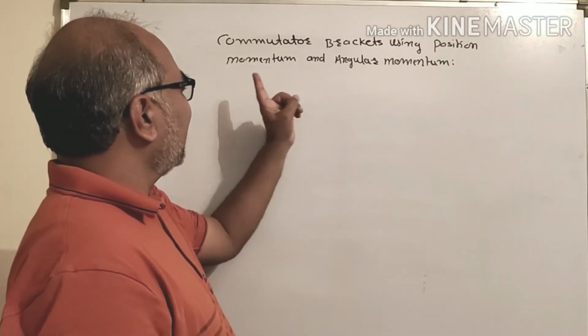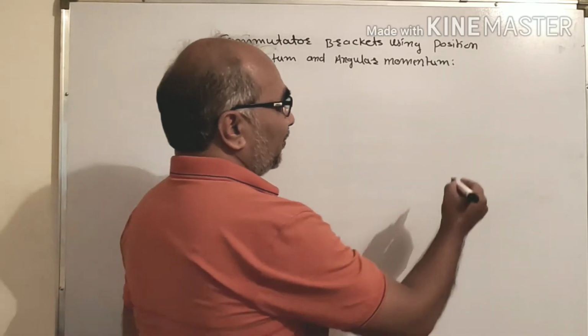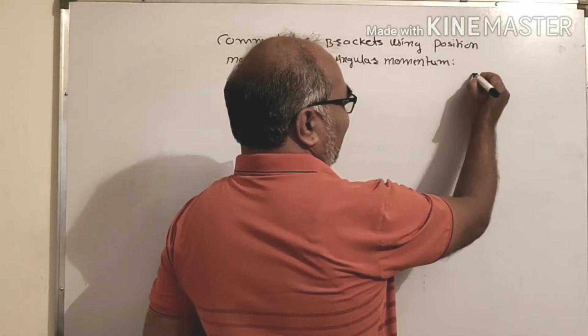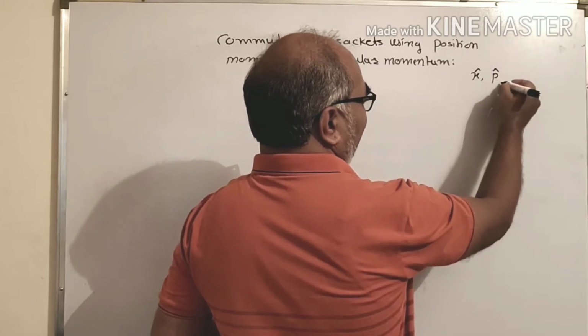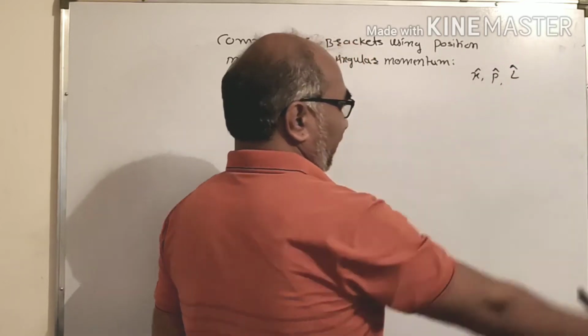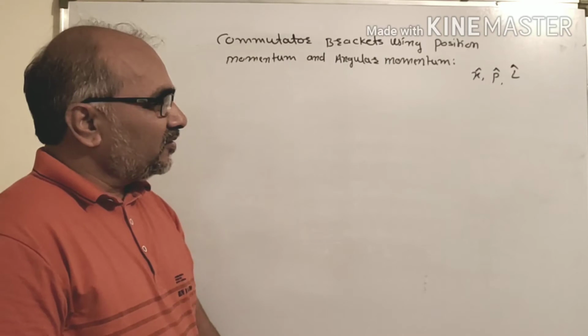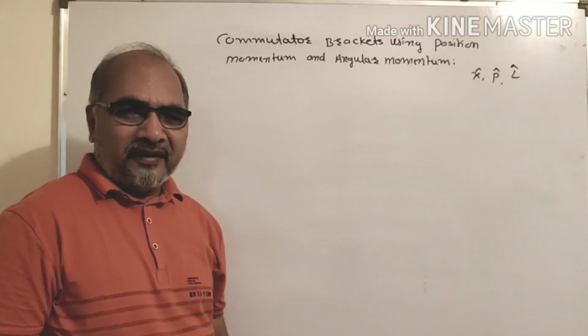A position x and momentum p, and therefore we are writing the x operator, p operator and this L operator. L is angular momentum.